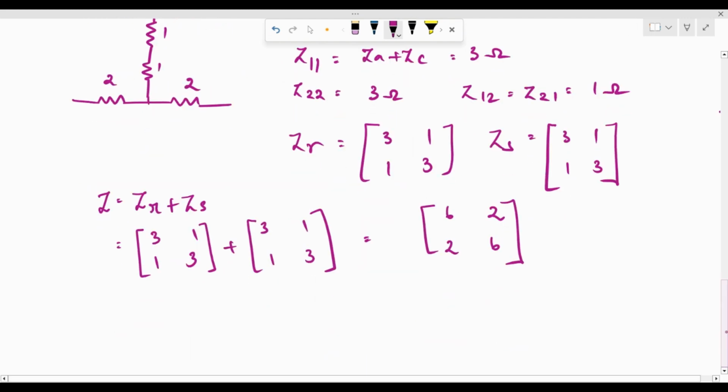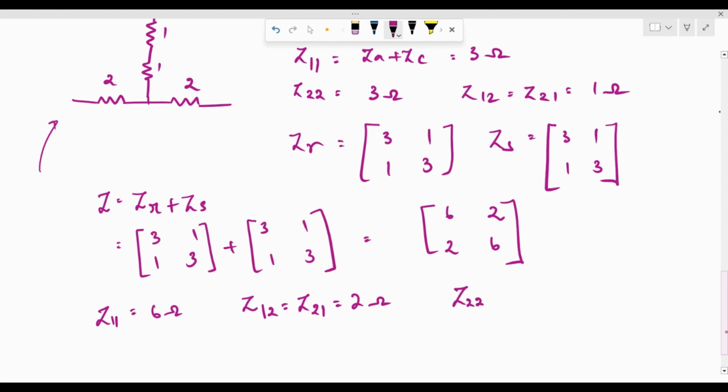Therefore, the overall Z11 for this modified network is 6 ohms. Z12 is Z21 is 2 ohms, and Z22 is also 6 ohms.